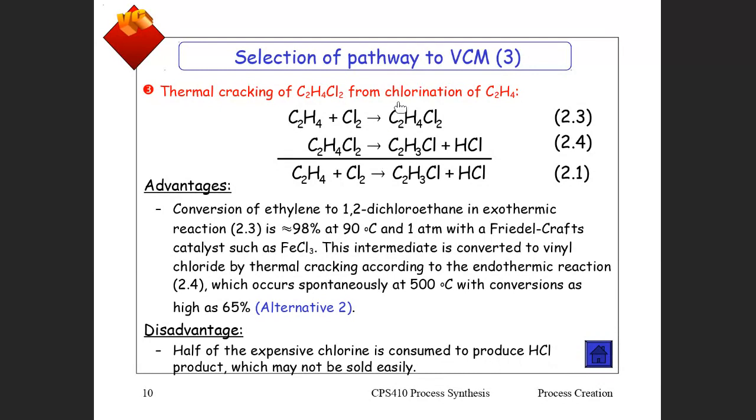Okay, so thermal cracking of dichloroethane from the chlorination. So first of all, we make dichloroethane. We chlorinate ethylene. There we go. And then we make dichloroethane. And the dichloroethane we further react to make the vinyl chloride monomer plus hydrogen chloride.